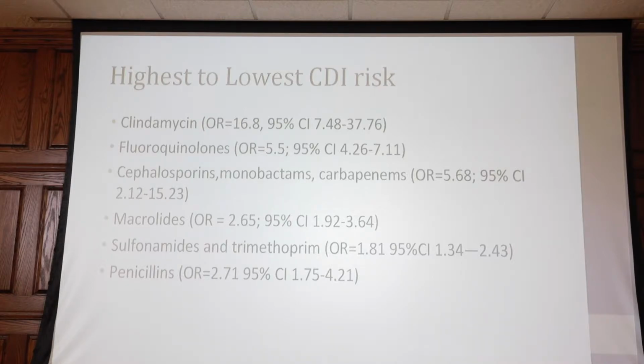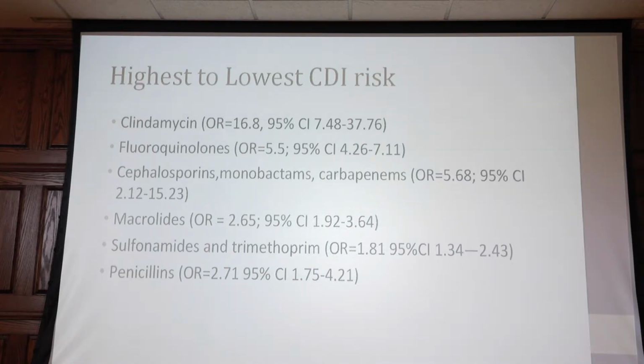The cephalosporins are mostly 3rd and 4th generations. Monobactam is aztreonam. We don't really use that often unless we have a penicillin-allergic patient. And carbapenems. They grouped all of those together with an odds ratio of 6, basically stating that you're 6 times more likely to develop C. diff infection if you had the antibiotic versus not.